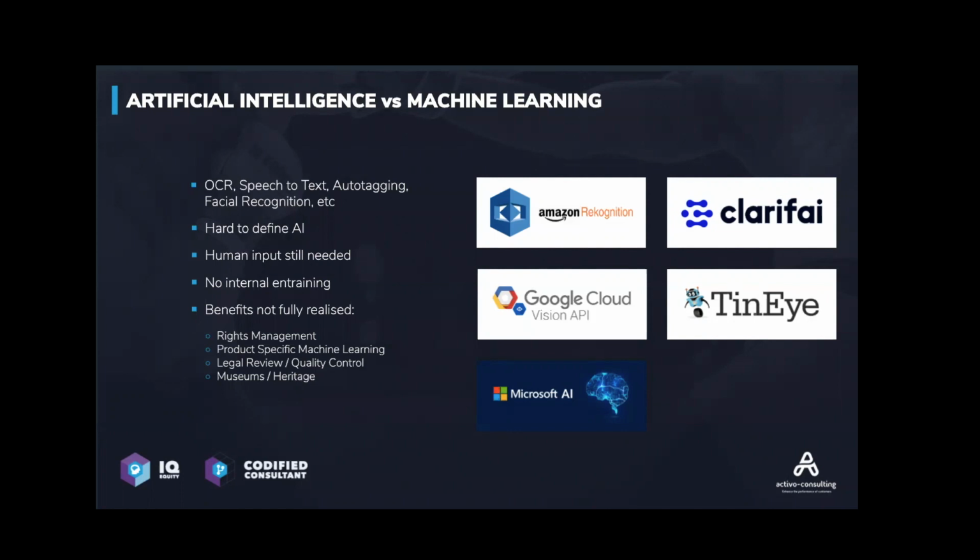So in this scenario, the machine learning can be trained on a data set of your own assets. It can add common tags that align to your controlled vocabulary. It can recognize people, places, etc. that appear commonly in your images, and so on and so forth.